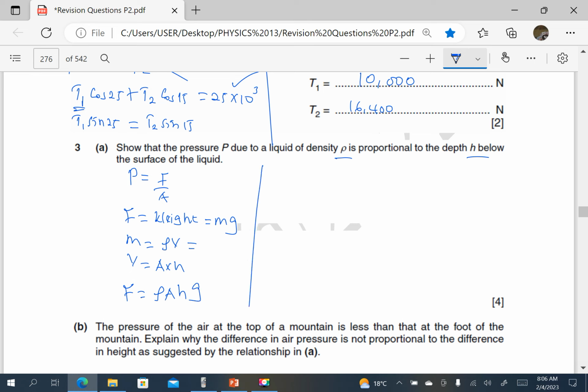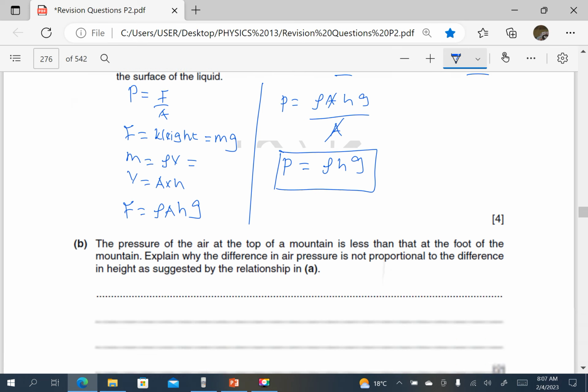So the pressure is force over area, which is density times area times h times g, divided by the cross-sectional area A. We see that area cancels, so the pressure is equal to density times h times g, as required. So the pressure due to the liquid of density rho is proportional to the depth h below the surface.